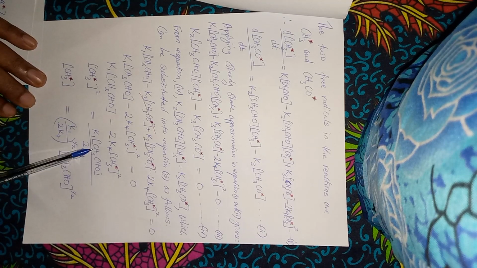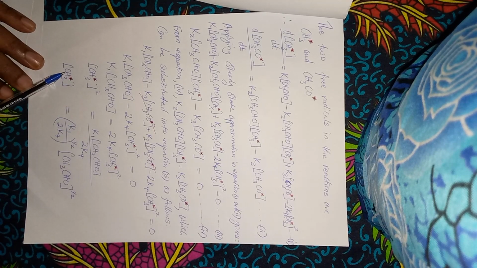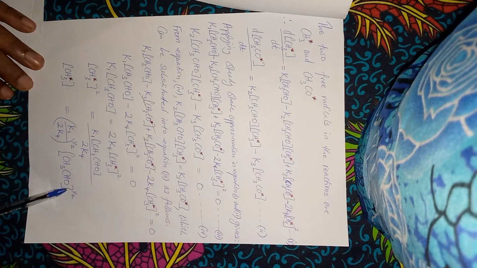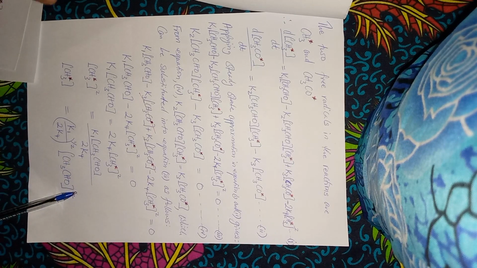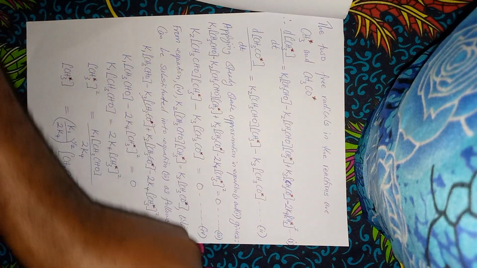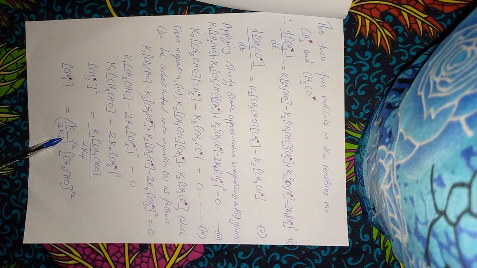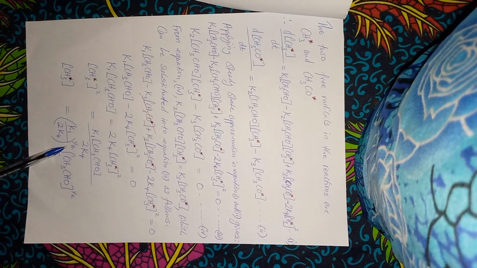So we now have free radical CH3 equal to K1 over 2K4 raised to the power of half, then in bracket CH3CHO raised to the power of half.